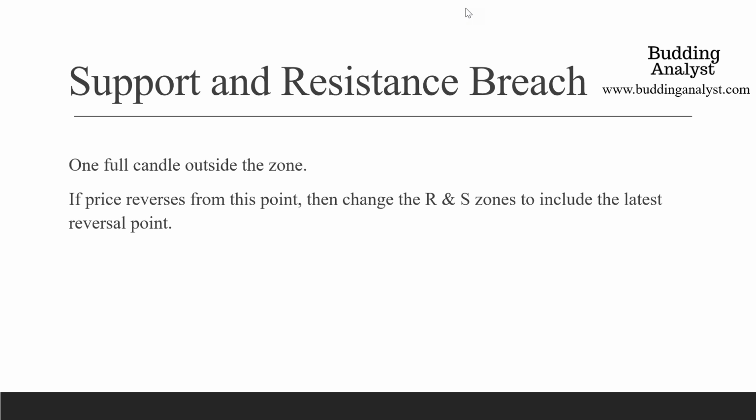Great. So we were talking about this thing: suppose the price reverses from this point, suppose you had your support levels over here and the price was going down, you entered a position over here, and then instead of going up, it went down. There was a complete candle, you booked your losses over here. But then suppose after a bit of going down, from this level it went up higher again.